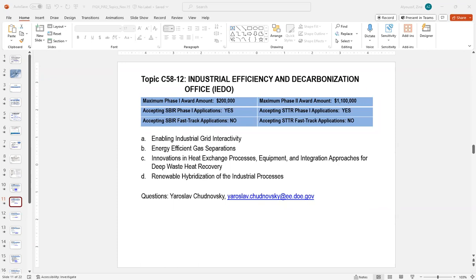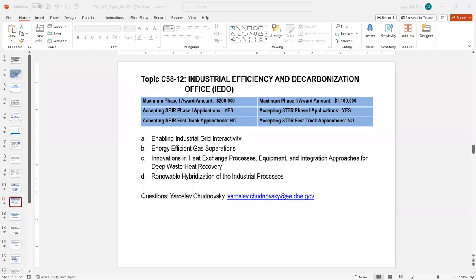We have 4 subtopics under the total IEDO topic this year: enabling industrial grid interactivity, energy efficient gas separations, innovations in heat exchange processes, equipment, and integration approaches for deep waste heat recovery, and renewable hybridization of industrial processes.